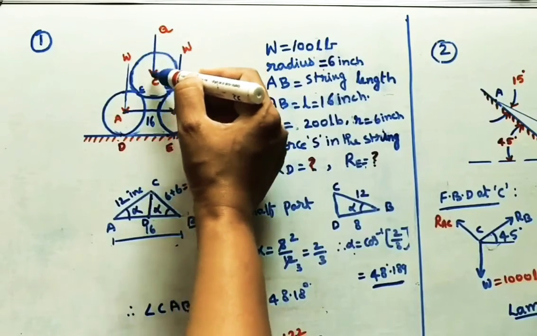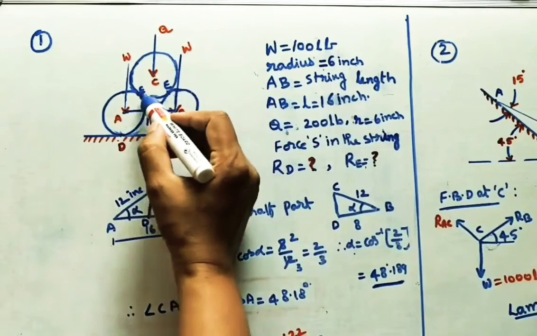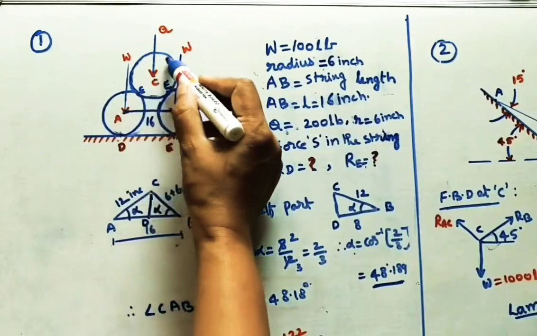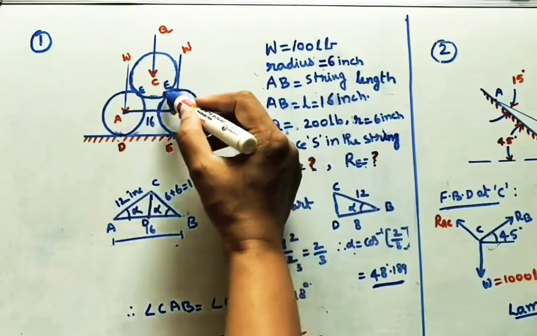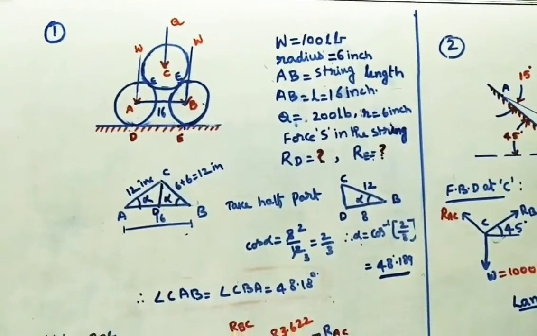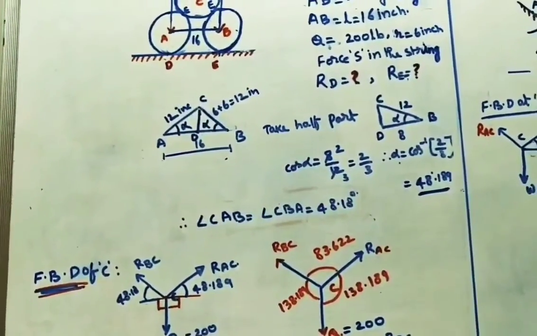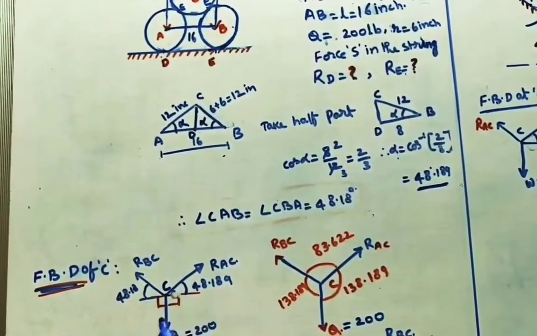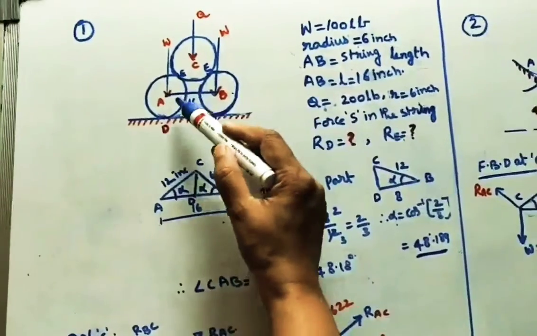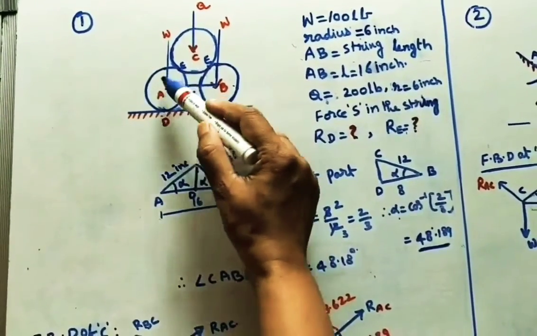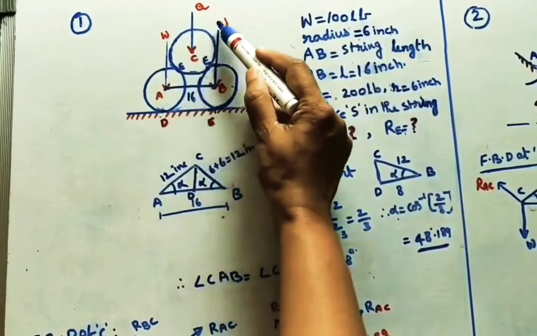Q, the weight at the center C, and then the reaction because of this roller, RAC, in this direction, and RBC in this direction. First mark the point C like this. Now RAC is the reaction because of this roller, so we take RAC in the upward direction.